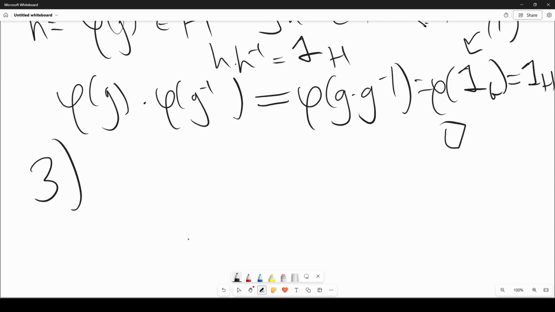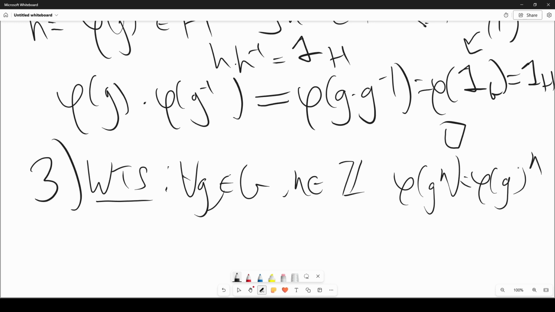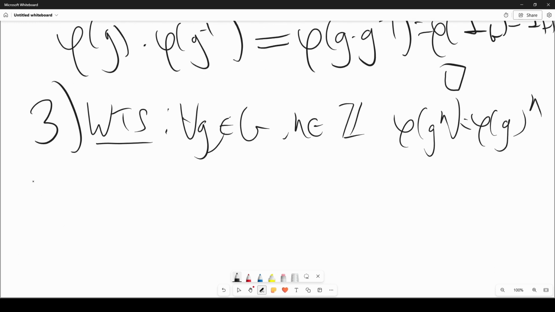Okay. The next one is we want to show for all g in G, n an integer, phi of g to the n equals phi of g all to the n. Hopefully this should be clear, but we're going to break it up into a couple cases. First is n greater than 0.